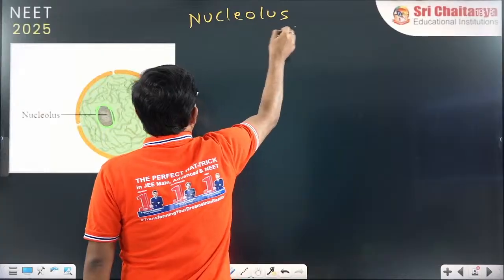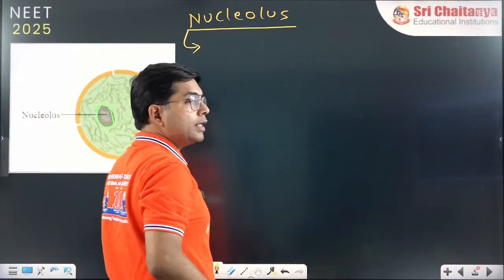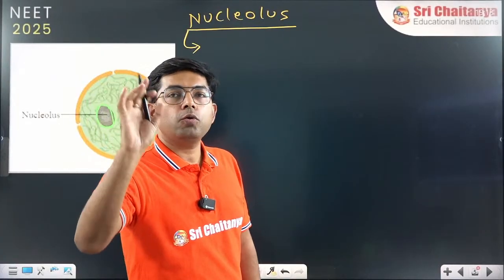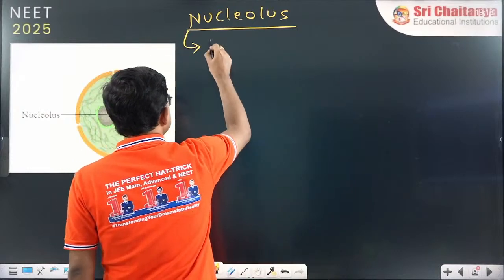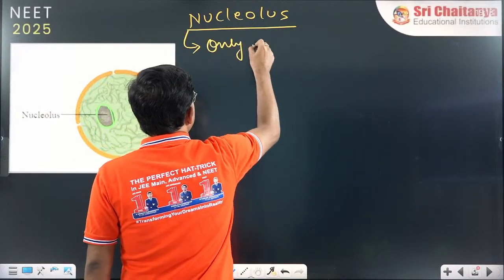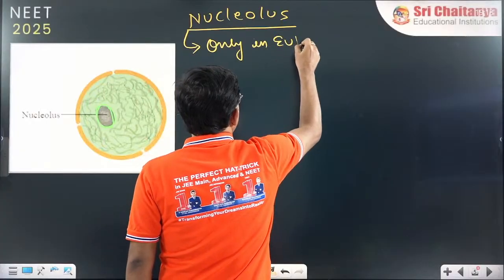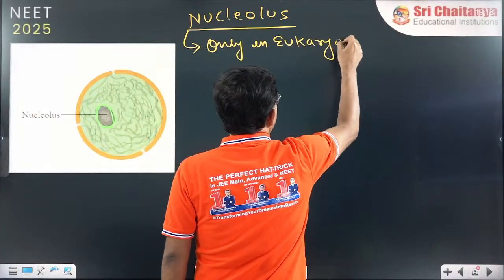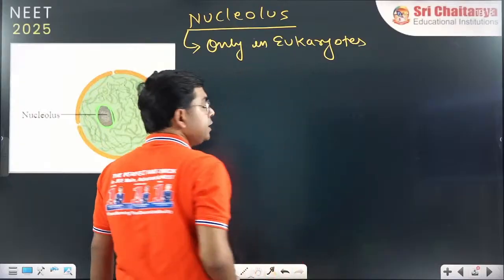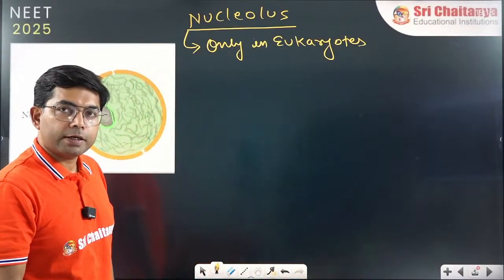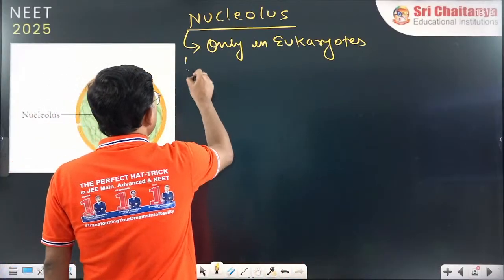First, is nucleolus present in prokaryote or eukaryote? So first thing, it is present only in eukaryote. It is absent in prokaryote. Second, where is nucleolus present?